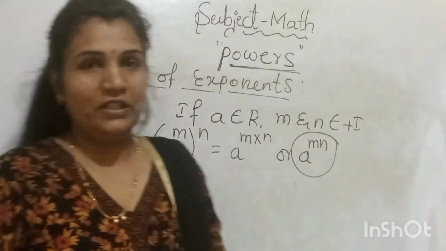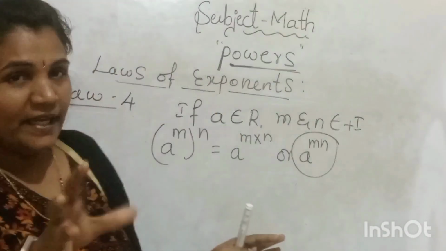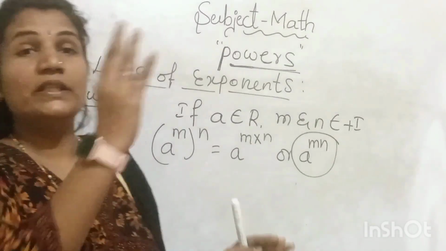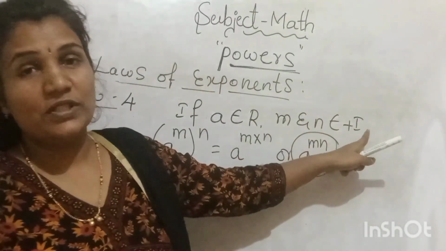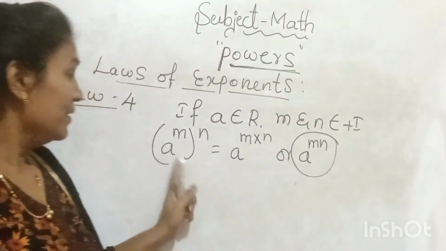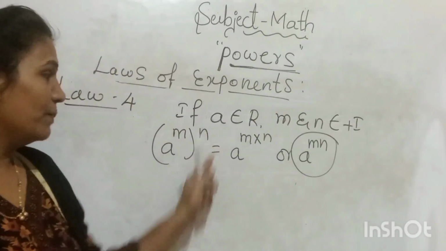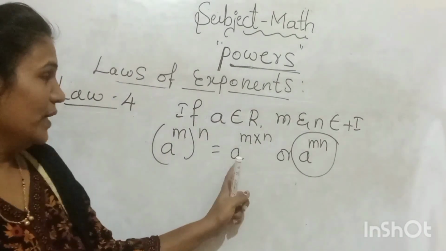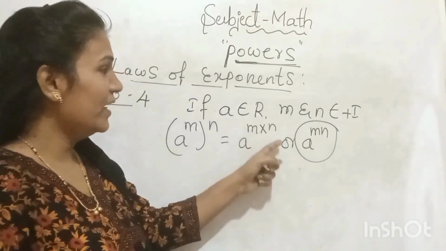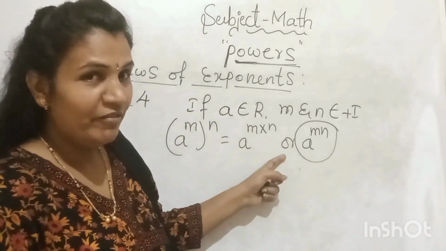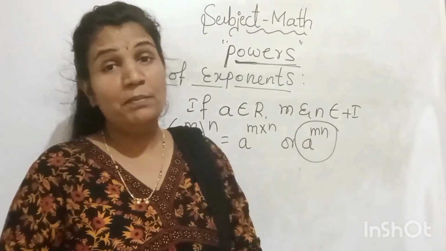Okay, this is the fourth law. If a is any rational number and m and n are any positive integers, then a power m whole to the power of n is equal to a power m into n, or in the other way we can say it as a power mn.